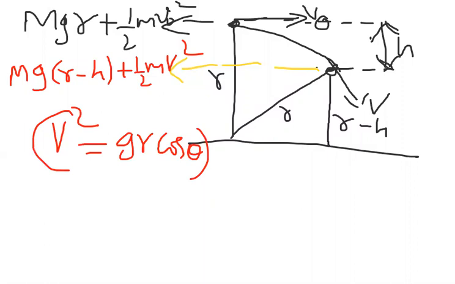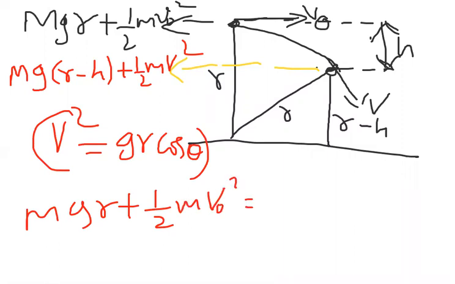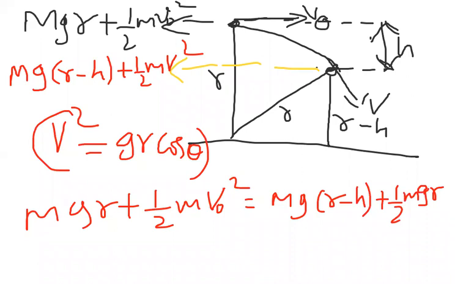So now, equating the expressions, mgr plus half m v naught square is equal to mg into r minus h plus half into m into gr cos theta. This is the expression.